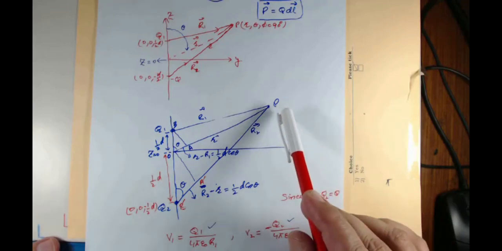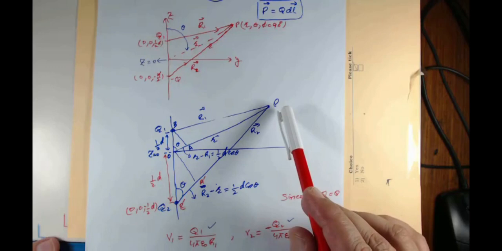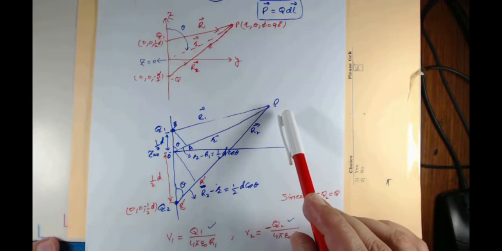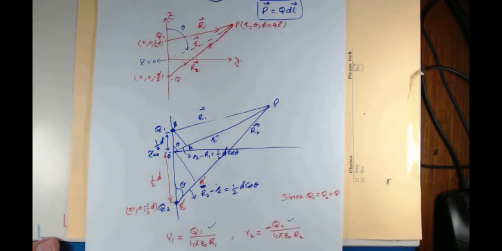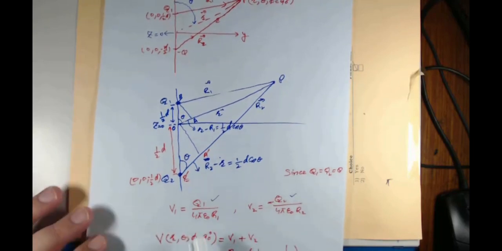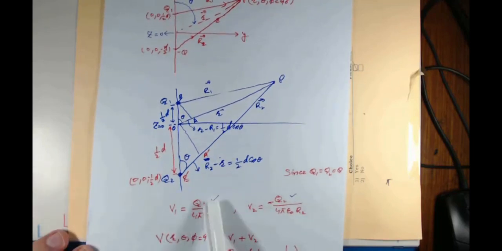We know the potential due to a single point charge is given by V1 equal to Q1 divided by 4 pi epsilon naught R1.